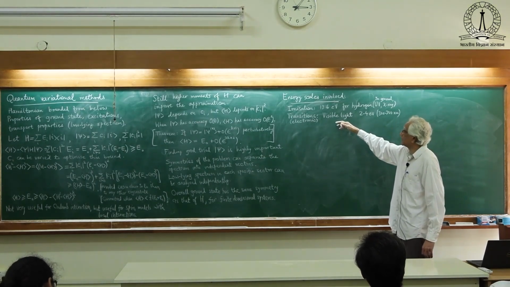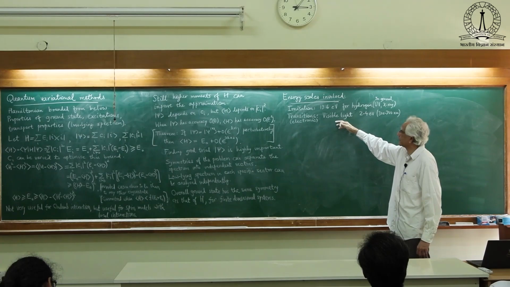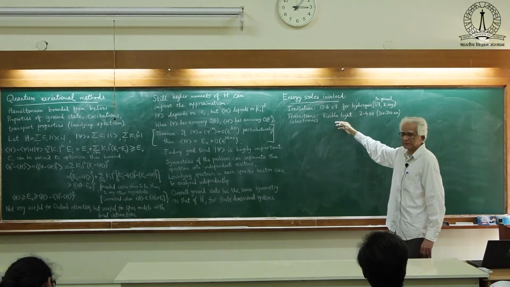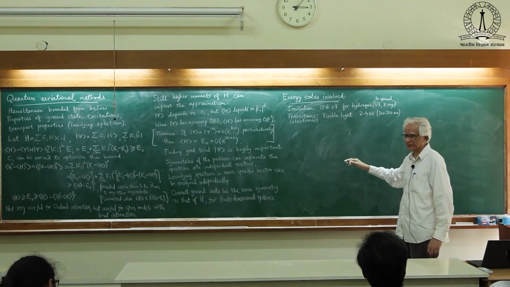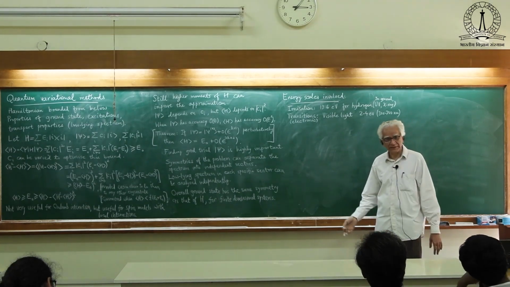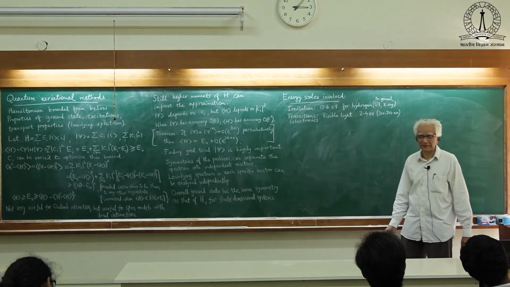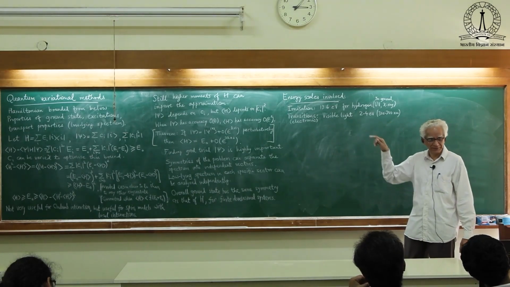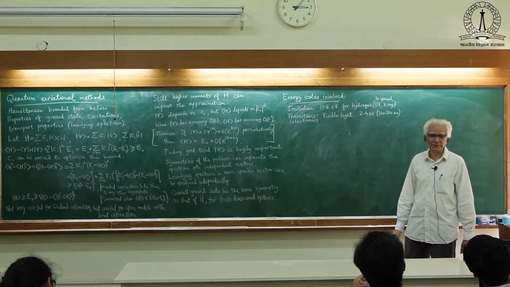Now, why this is visible light is not an accident, because it's the other way around. Our eyes have developed to look at these transitions.